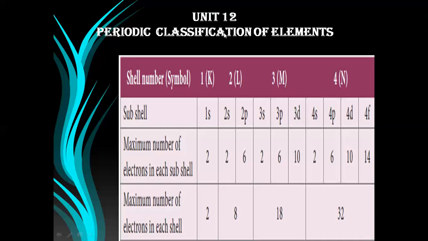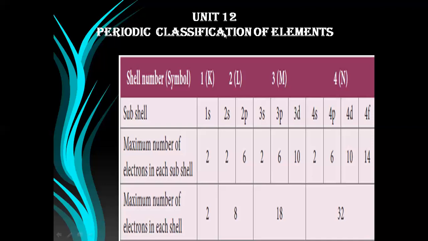In the modern periodic table, the elements are classified into blocks because Henry Moseley arranged them by atomic number. The atomic number is the number of protons and the number of electrons. The electrons revolve around the nucleus in shells.